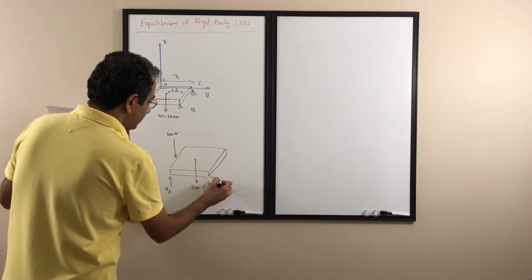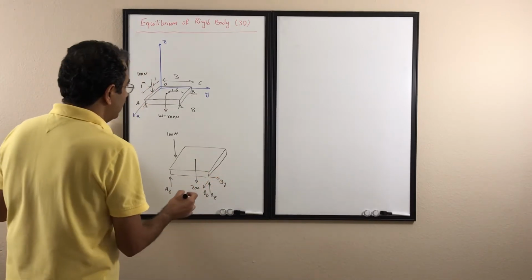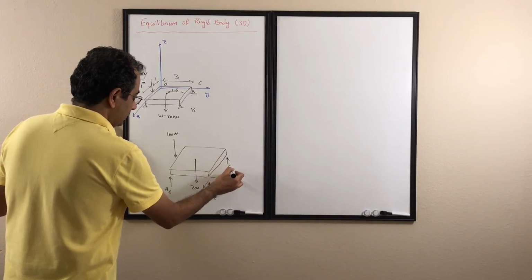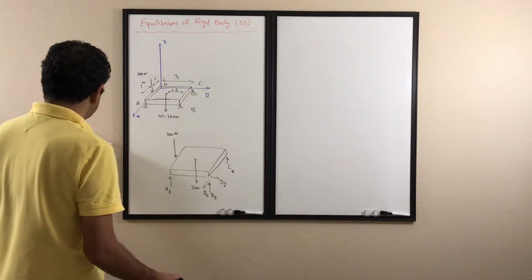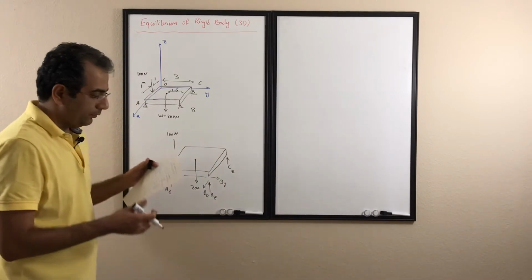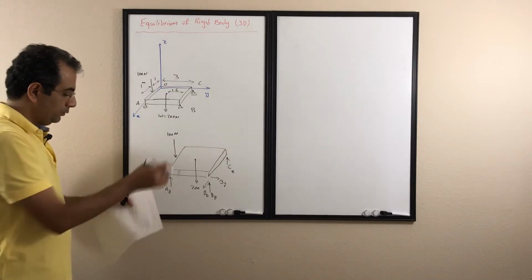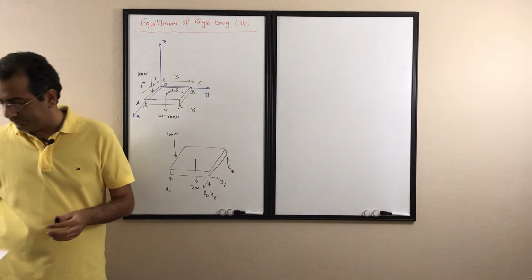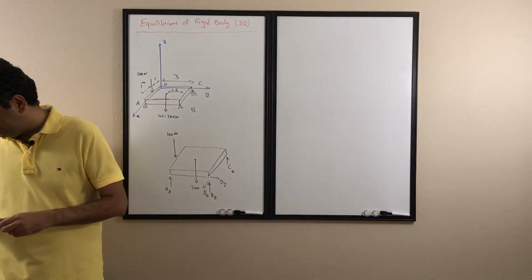So three reactions here, and at C I have CZ. So I have 1, 2, 3, 4, 5 unknowns, and 2 forces applied, and I want to find these 5 unknowns.